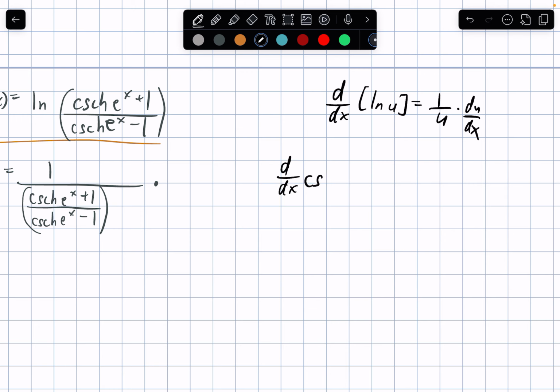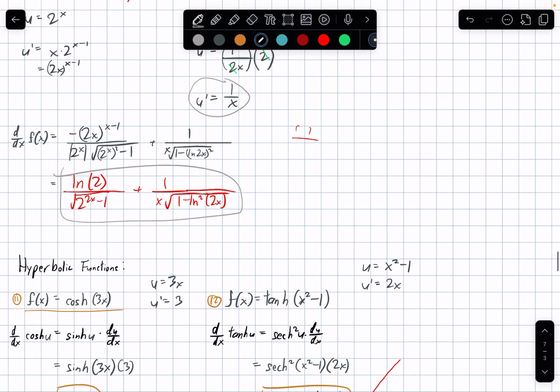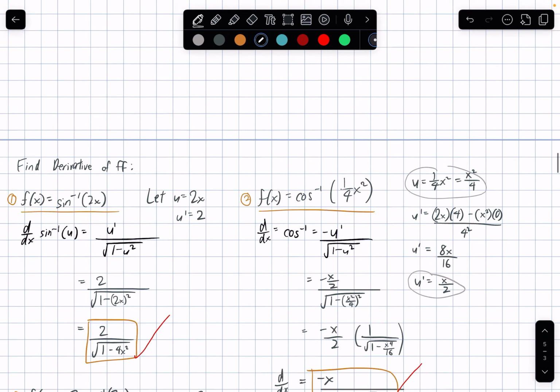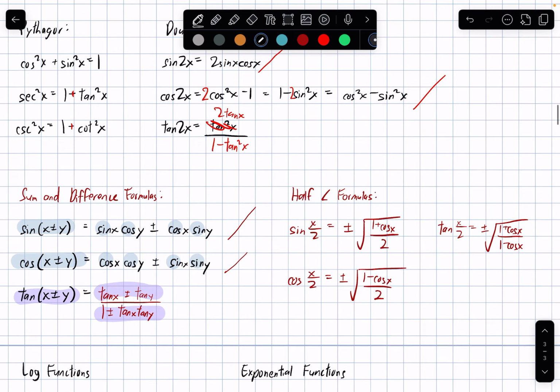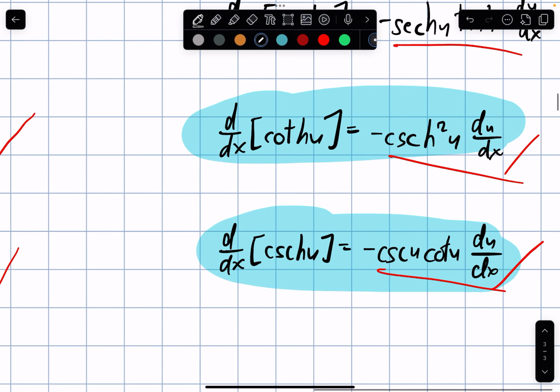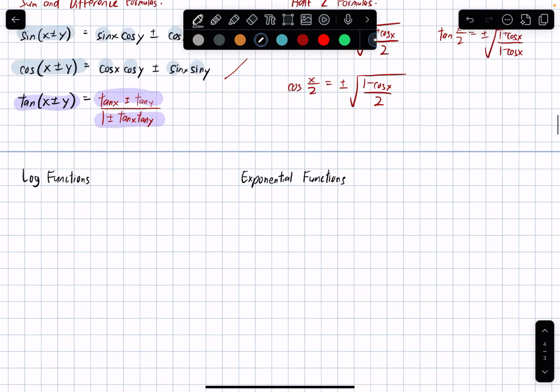Derivative of csch u, cosecant h u, is equal to negative cosecant u cotangent u times du over dx. May I confirm? That is correct.